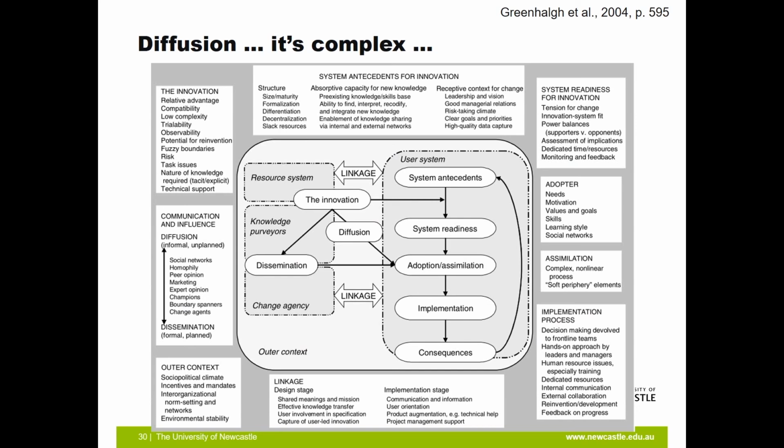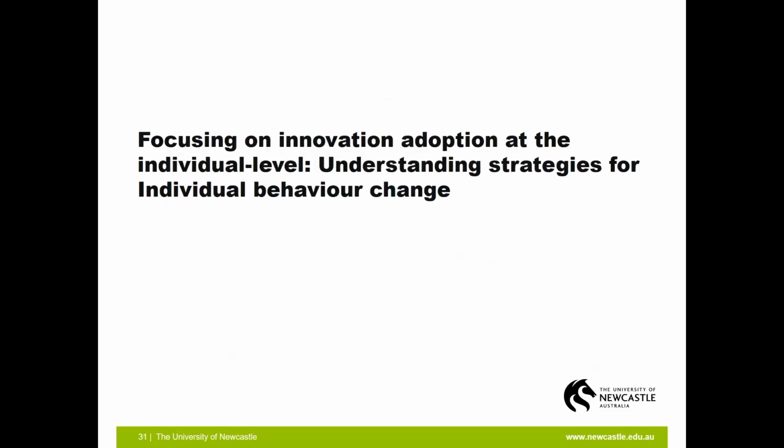All I wanted to do in putting this up and showing you this is to know diffusion is complex. We've broken it down to a few key components, and that's what I want you to focus on. But just to know there are a lot of different things that are important when we are thinking about diffusion. But please don't think you need to memorise this slide. I would not expect that.